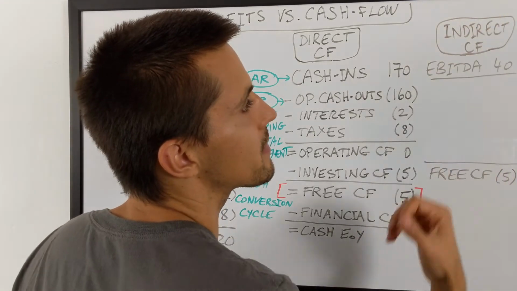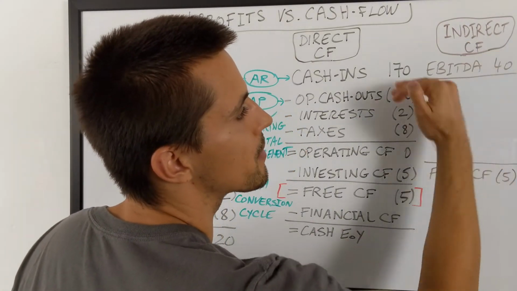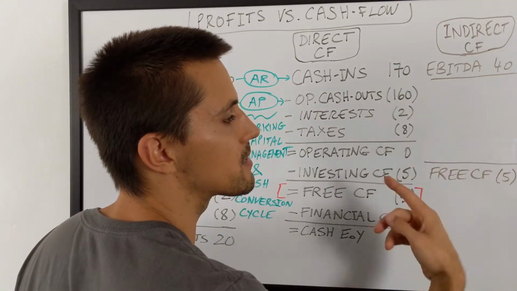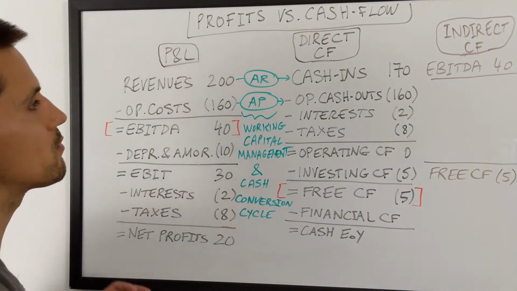So here, the indirect cash flow you will see in different reports is always a bridge between a P&L figure, and usually it's the EBITDA, and a cash flow figure. So now let's try out and see what happened.